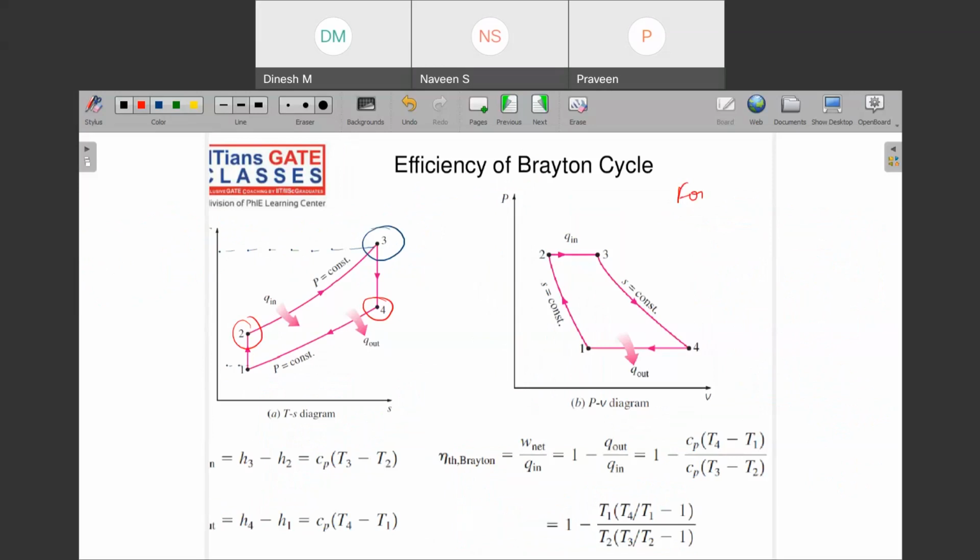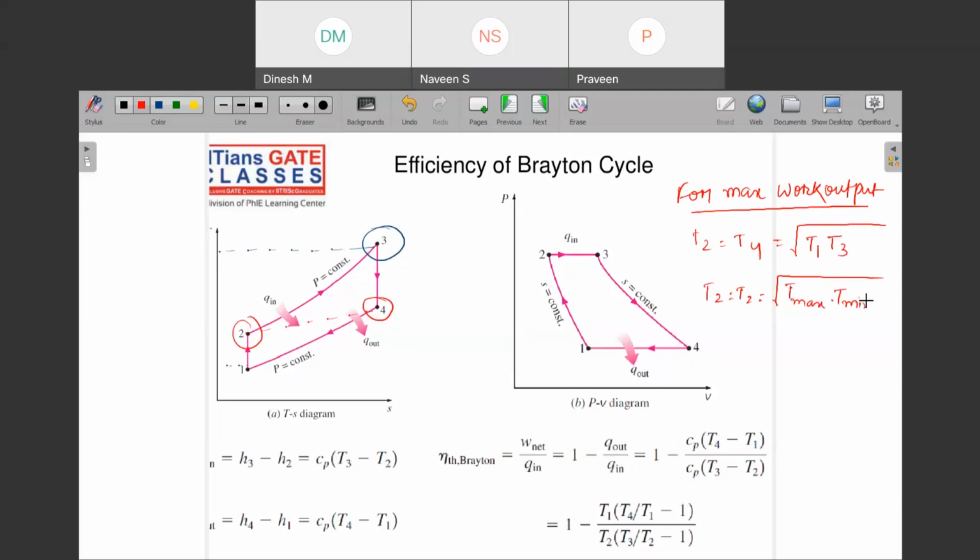For maximum work output, T2 should be equal to T4, meaning these two temperatures should be equal, and equal to the square root of T1 and T3, that is, T maximum and T minimum. So I can write T2 is equal to T4, which is nothing but the square root of the product of T max into T min.